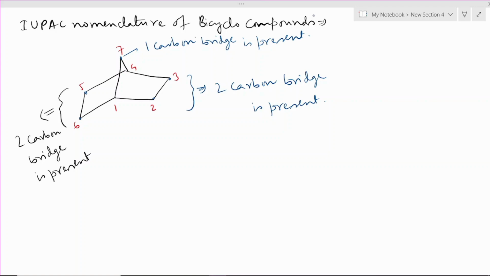So the IUPAC name will be bicyclo, then we have to write a third bracket [2.2.1] heptane, because there are 2 carbon bridge, 2 carbon bridge and 1 carbon bridge, and the total system is written in descending order.